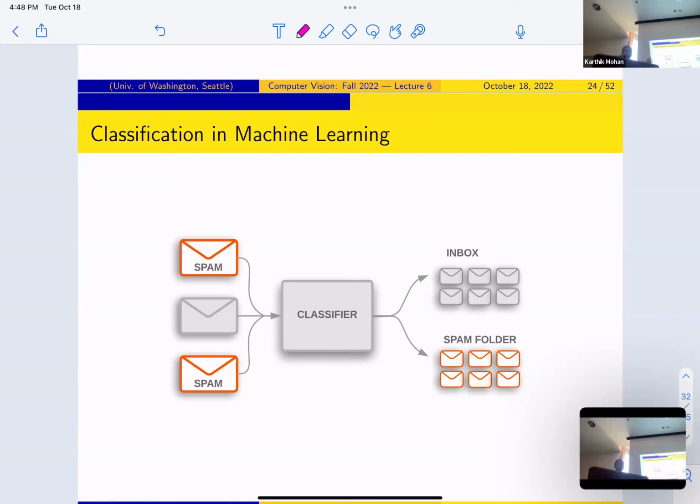Most of your emails look well classified if you go to your inbox. Do you agree? And conversely, you don't encounter emails that are spam that end up in your inbox. So Gmail has gotten it down really well. It's doing really good classification of emails as spam or not spam.